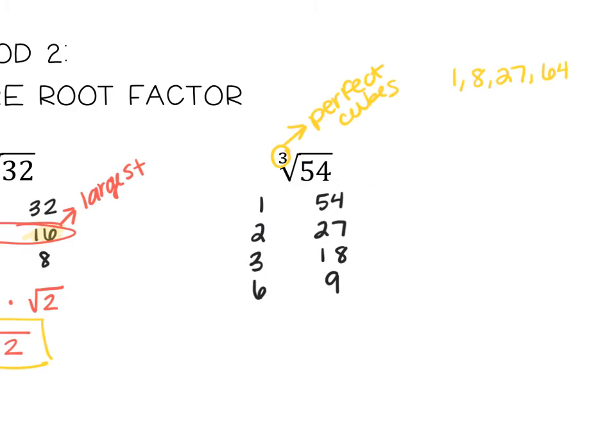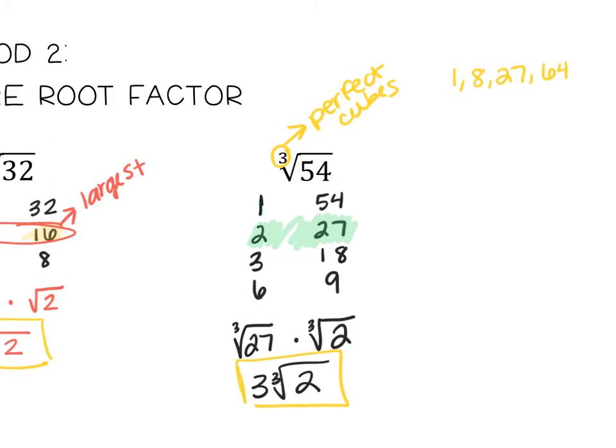So the only number in here that I have that's a perfect cube is that 27. So that's going to leave me with the cube root of 27 times the cube root of 2. The cube root of 27 is 3. The cube root of 2 is imperfect, so the simplified version of this will just be 3 times the cube root of 2.